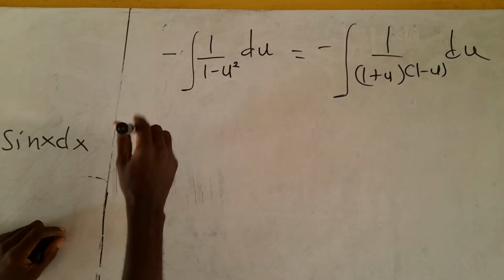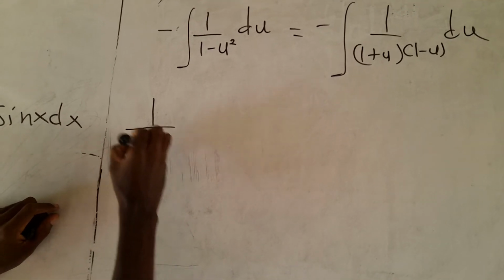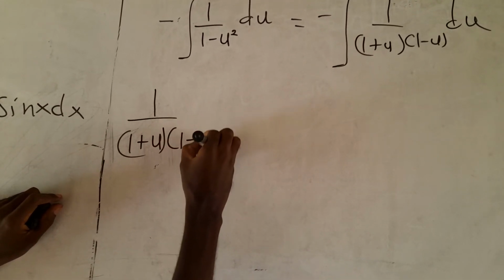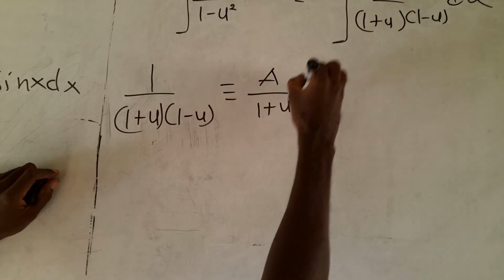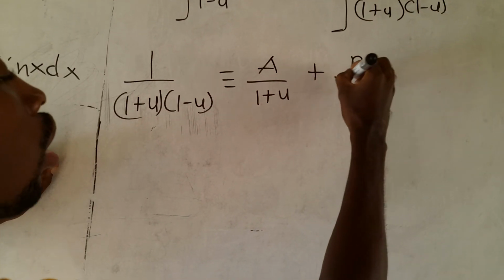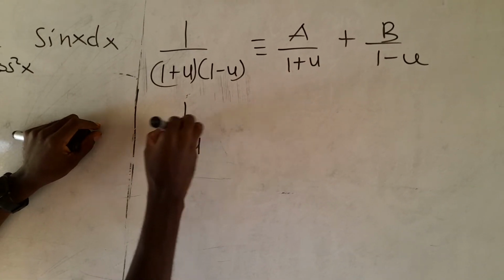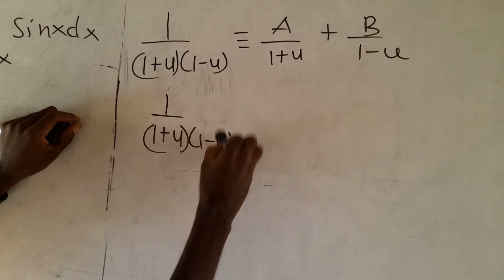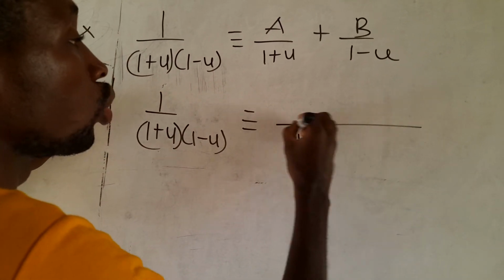Then we resolve this into partial fractions. So 1 over 1 plus u, then 1 minus u should be equivalent to A over 1 plus u, then plus B over 1 minus u.